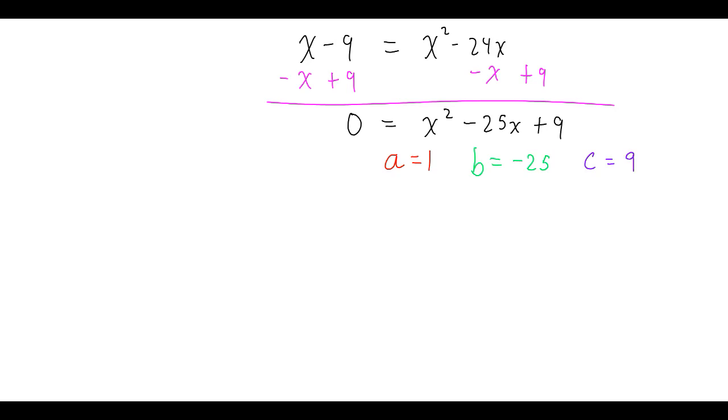And if you wanted to recall the quadratic formula, it's negative b plus minus the square root of b squared minus 4ac over 2a. Alright, so let's go ahead and plug in a, b, and c.